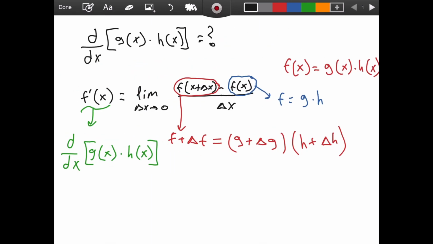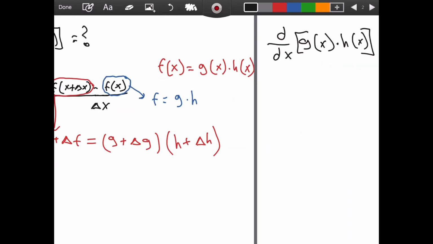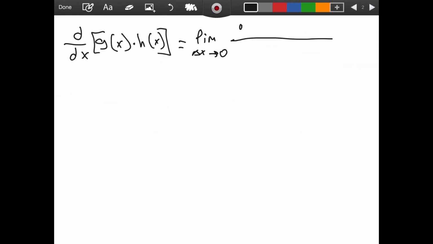So we have this first term, which we set equal to this product. So I am writing that g plus delta g. I hope my g's don't look like nines there, but you have the context, so you should be able to understand.